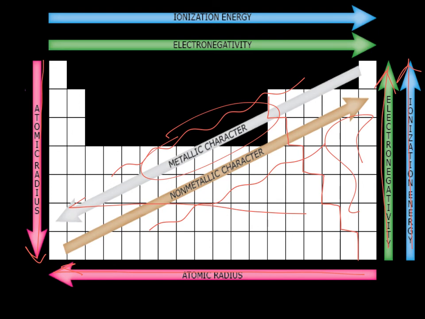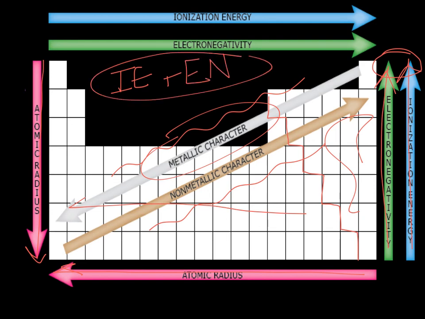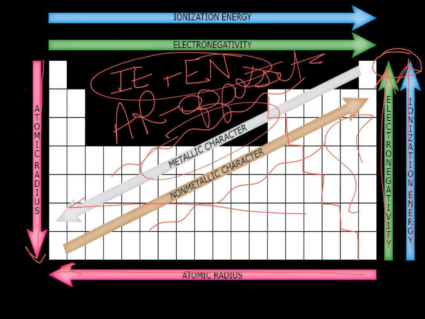And hopefully you can see that ionization energy and electronegativity are buddies. Their trends are always in the same direction. Atomic radius, on the other hand, I always thought of it as the rebel, goes in the opposite direction than ionization energy and electronegativity.